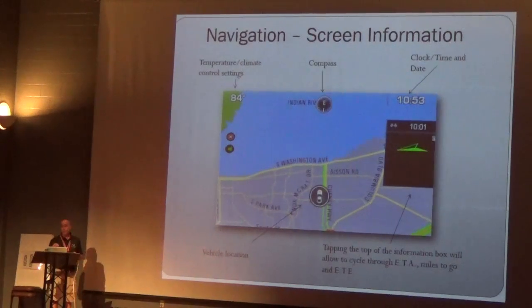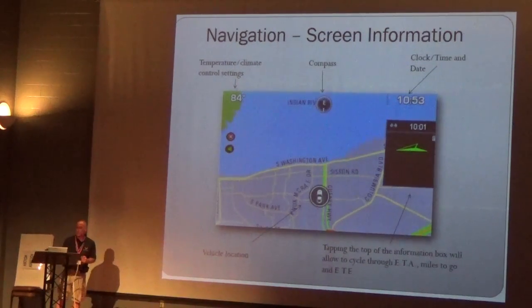It's there for two purposes. If you're under route guidance and you tap in the body of it, it's going to bring up your route list, so you can go through and view your route. If you have waypoints plugged in, you can then edit your waypoints from that screen.